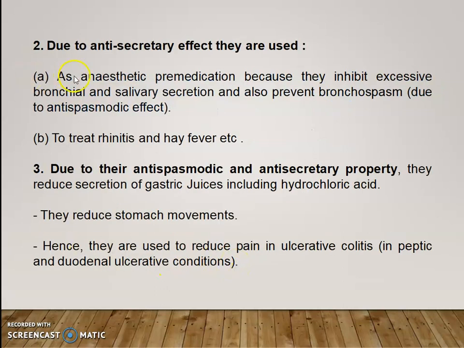Next, due to the antisecretory effect, they are used as anesthetic pre-medication because they inhibit excessive bronchial and salivary secretion and also prevent bronchospasm due to the antispasmodic effect, and they are used to treat rhinitis and hay fever.